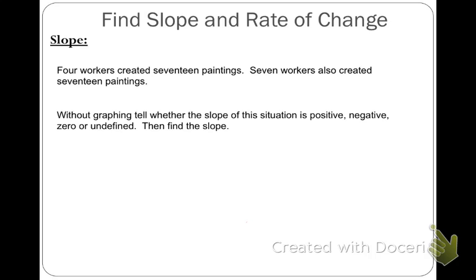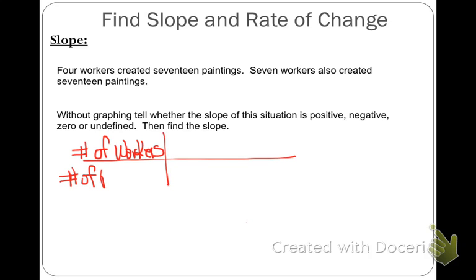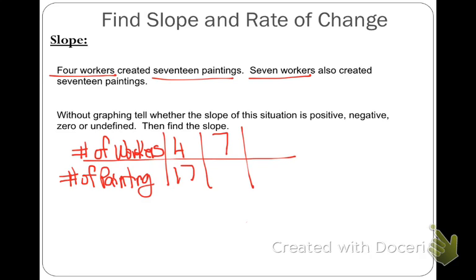Well, again, I'm probably going to use a table on this, and I'm going to say number of workers is my independent variable, and number of paintings that they create is my dependent variable. So let's make a table. It says I have 4 workers and they created 17 paintings. And then here it says I have 7 workers and they created 17 paintings.